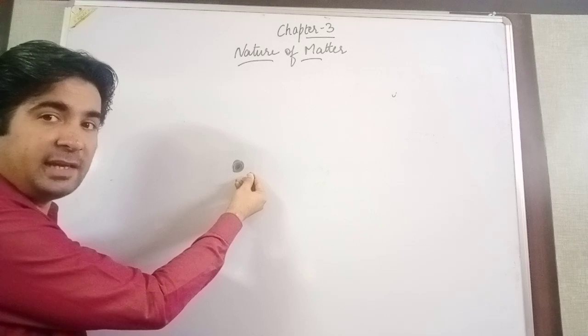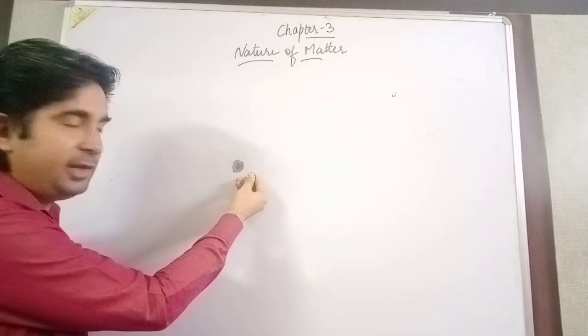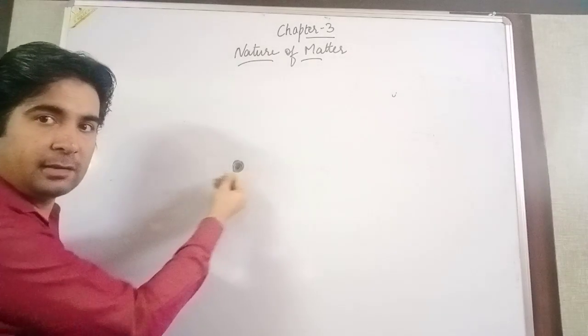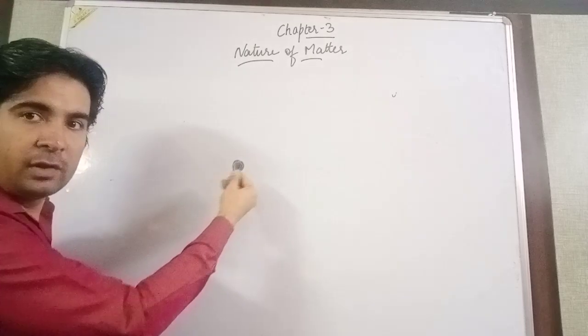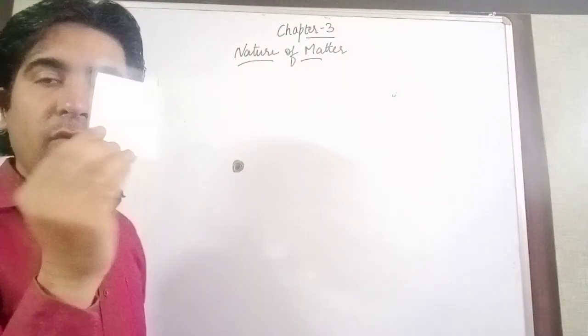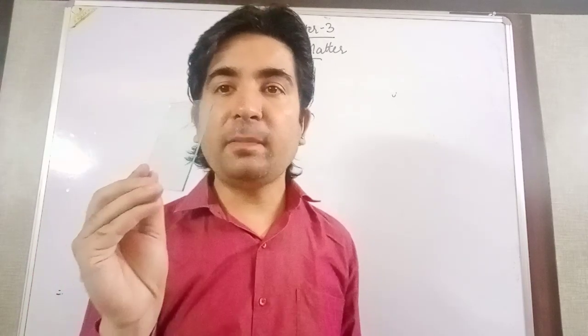You can see the dot as clearly as on the board. See, with the glass strip, without the glass strip, no difference at all. So these objects through which we can see clearly are known as transparent objects.